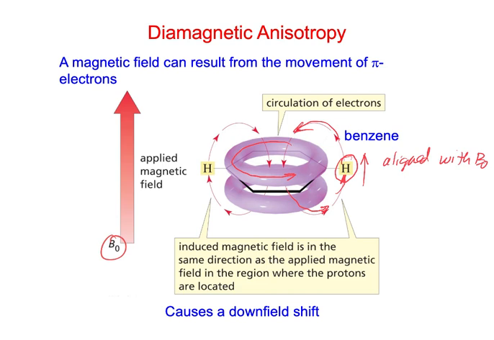So this magnetic field line here is aligned with this, and so it's going to essentially add on to the applied magnetic field, creating a B effective that's even bigger and causing a downfield shift.